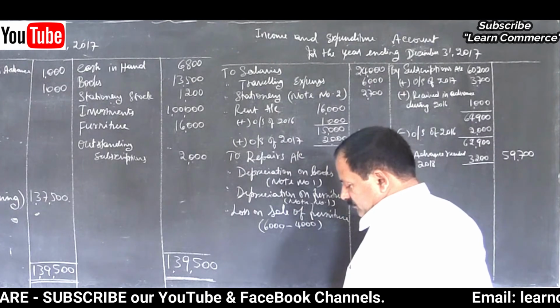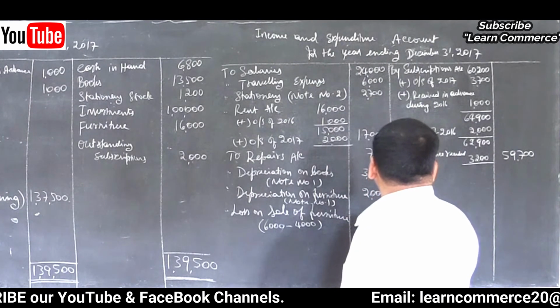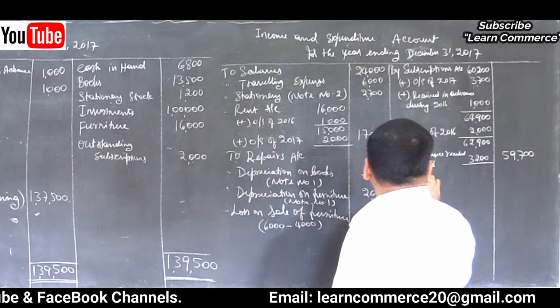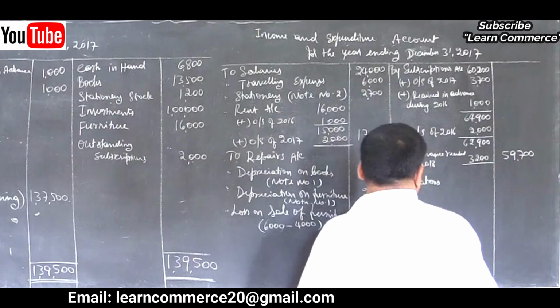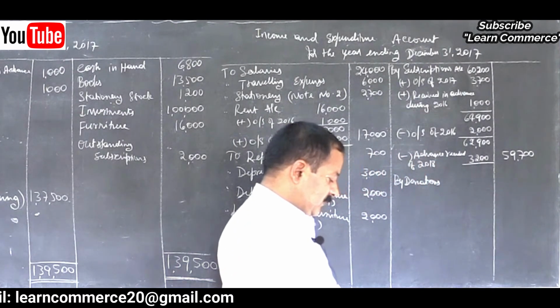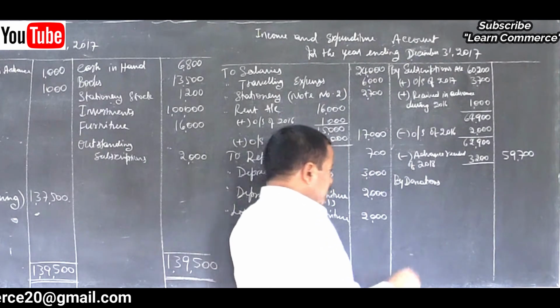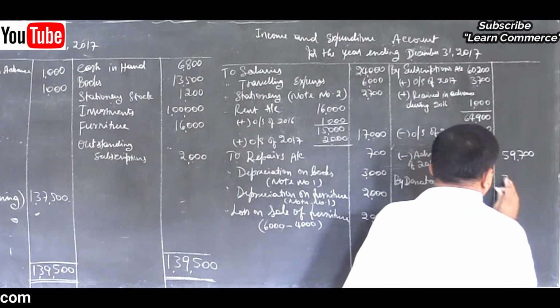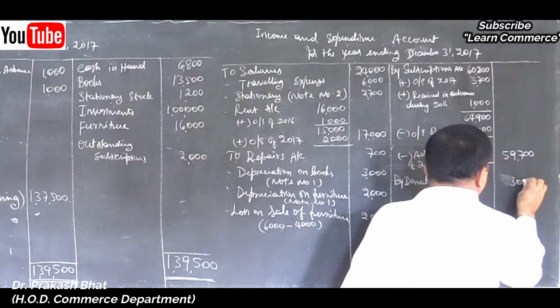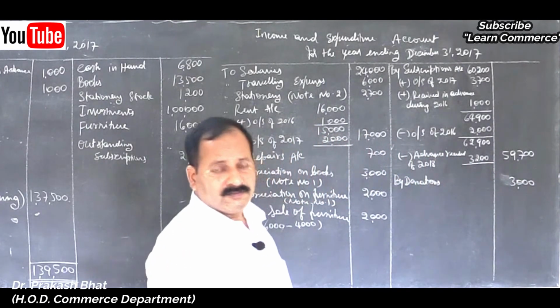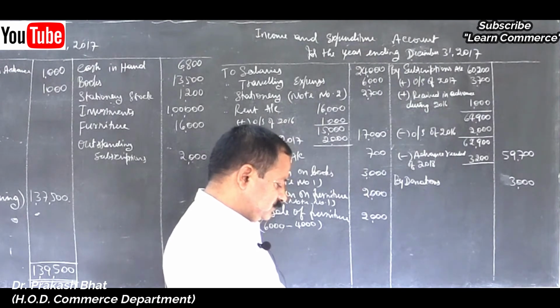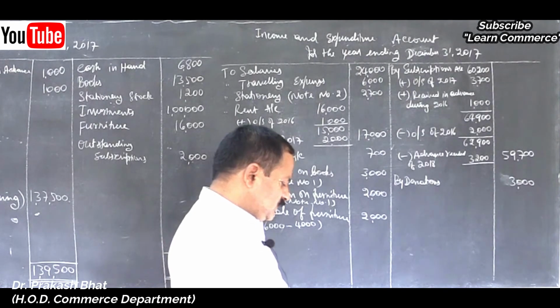59,700. Then donations, no instructions given, so it should be treated as revenue only. Income, donations 3,000. Then, what else?